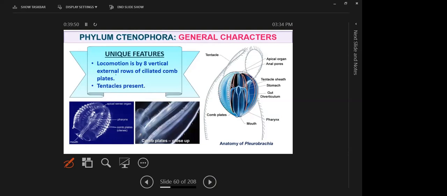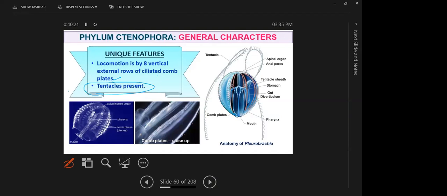Locomotion is by 8 vertical external rows of ciliated comb plates. That's why we call them comb jellies. Why jellies? They are transparent and jelly-like. So 8 vertical external rows of comb plates are present, and tentacles are totally absent.